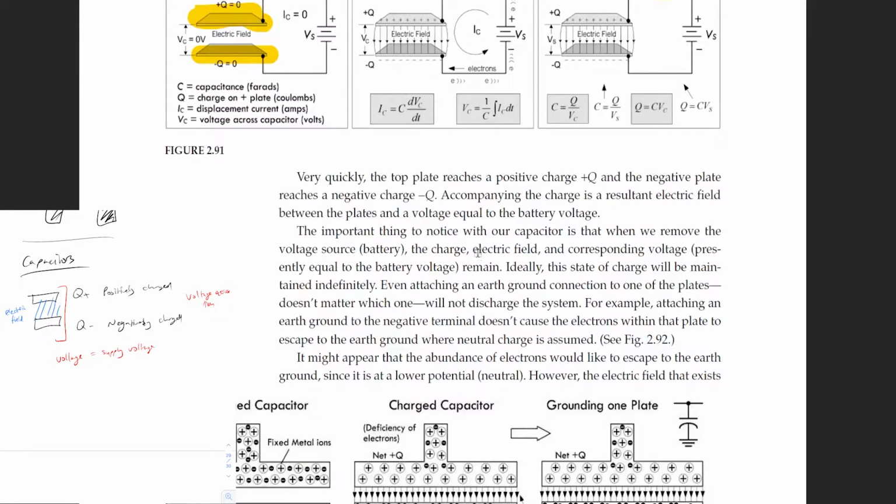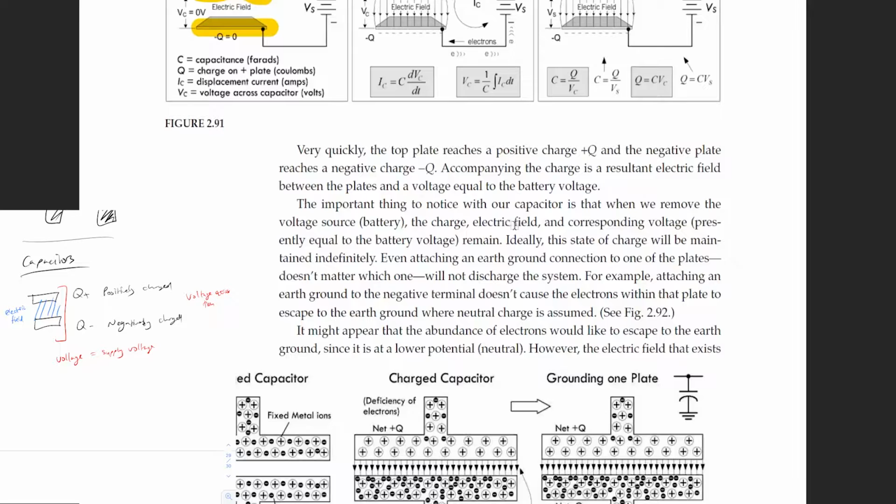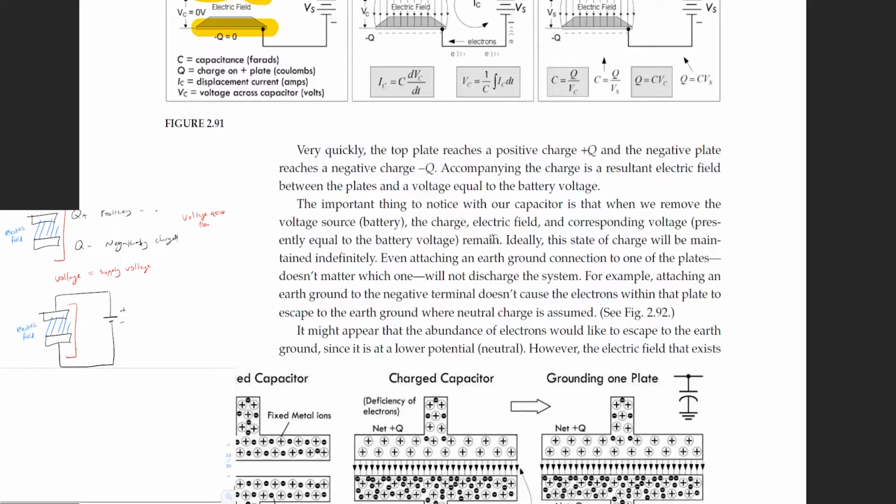The important thing to notice with our capacitor is that when we remove the voltage source, the charge, electric field, and the corresponding voltage remain. So let's do it like this. We've got a battery here, positive.